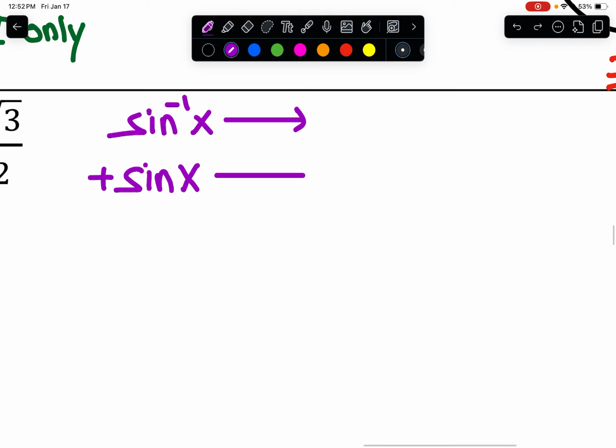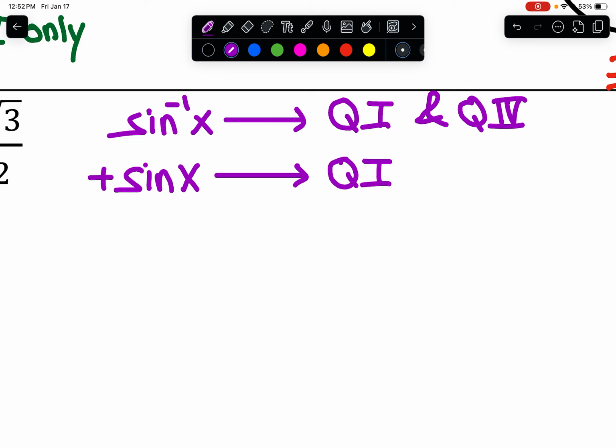Okay, so inverse sine is restricted to quadrant 1 and quadrant 4. But sine is positive in quadrant 1 and quadrant 2. So what you're looking for is where we have a similar quadrant. So where you have a similar quadrant in these problems, that's where your answer is going to be.